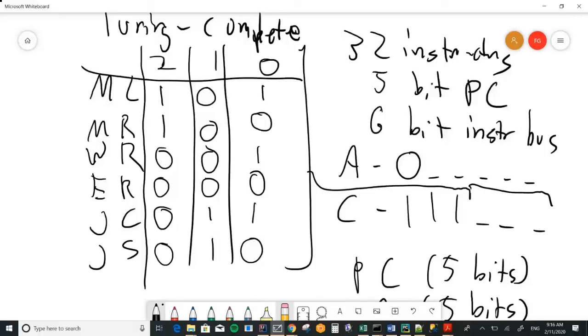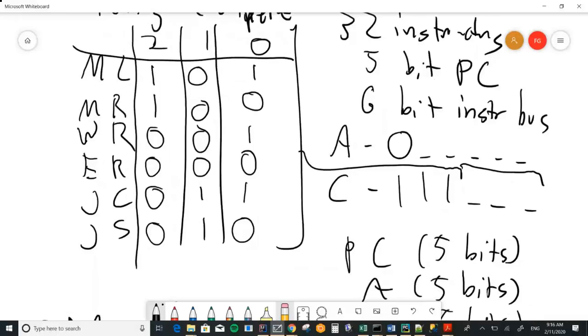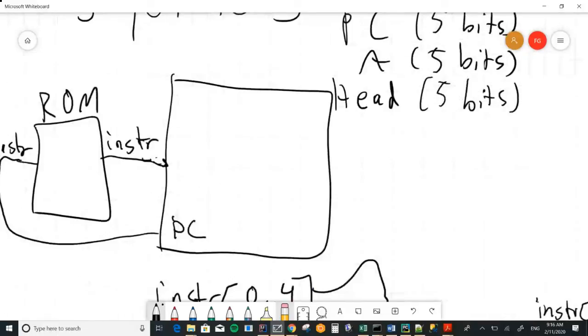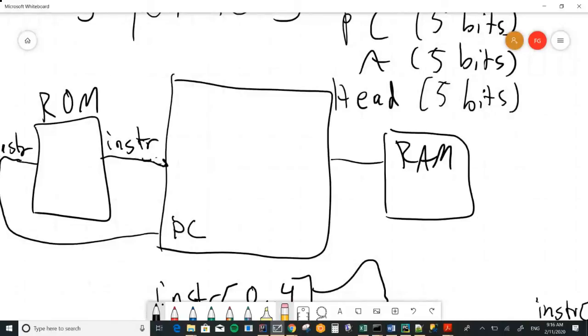Anyway, okay. So why don't we look at write and erase. Write and erase are concerned with whether we are performing a write to RAM. So here is RAM, and RAM is actually going to have a couple of inputs.